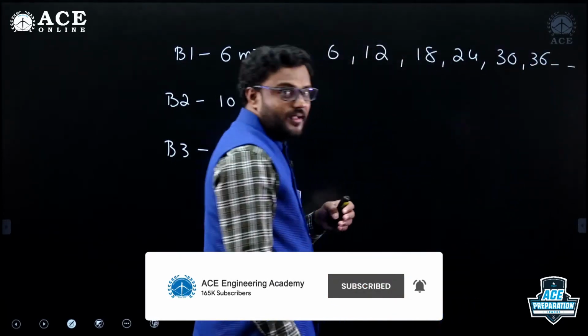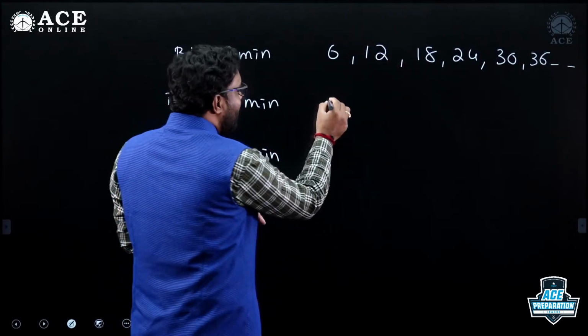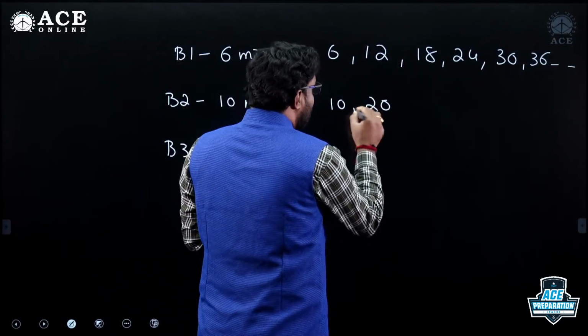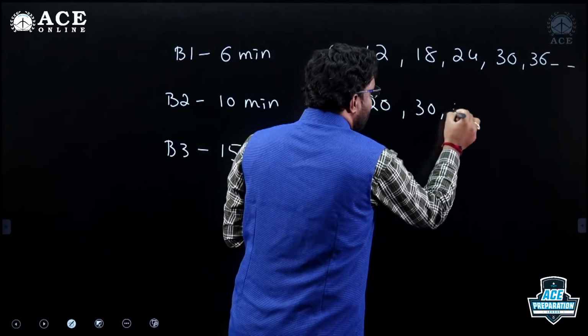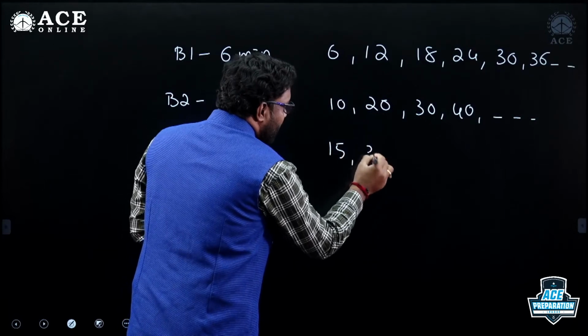These are the timings when the first bell is ringing. The second bell rings at the 10th, 20th, 30th, 40th minute, and so on. The third bell rings every 15 minutes.